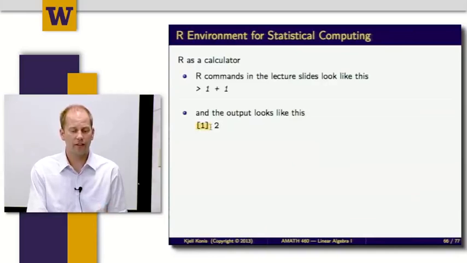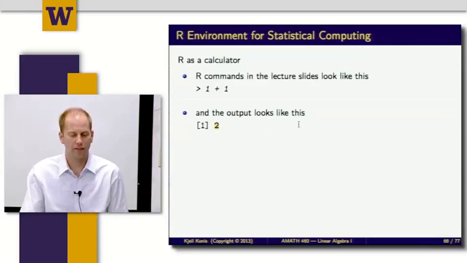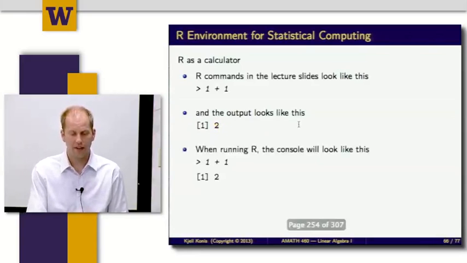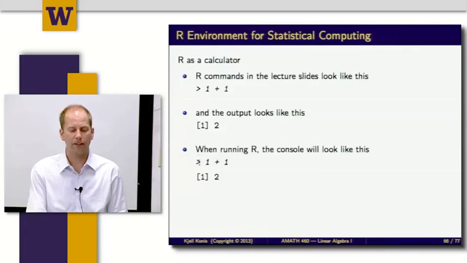This bracketed 1 is just a placeholder to tell you that this is the first element of a vector. So the answer is not the thing in the square brackets; the answer is the thing that comes after the square brackets. When you do this in R, you see the prompt, you type in 1 plus 1, you hit return, and it types out 2. Hopefully that's pretty clear. That's the answer I expected anyways.